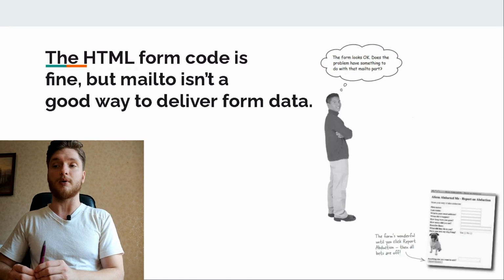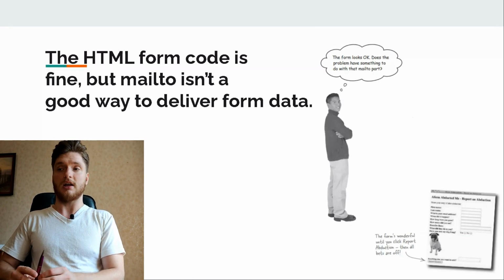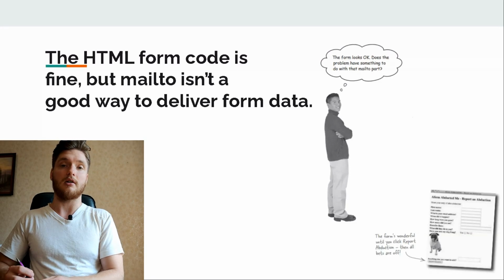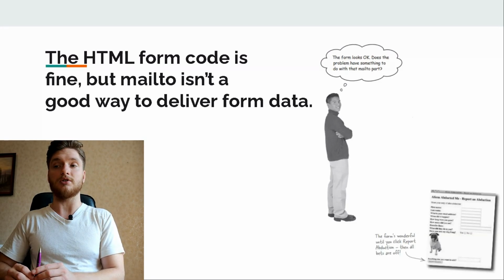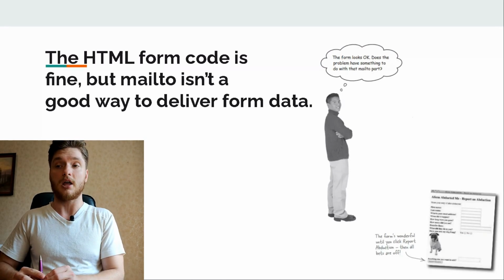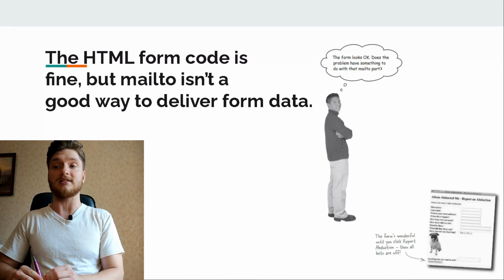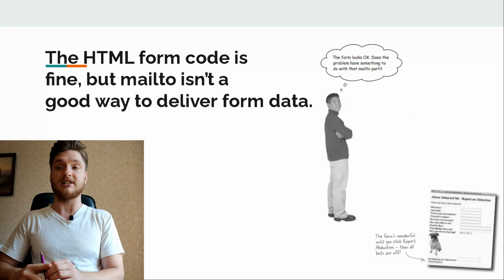Owen's form is perfectly fine until the user clicks the Report Abduction button. At that point you rely on mailto to package up the form data in an email, but this email doesn't get sent automatically. It's created in the default email program on the user's computer instead.